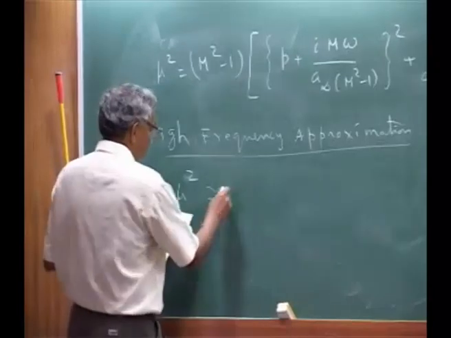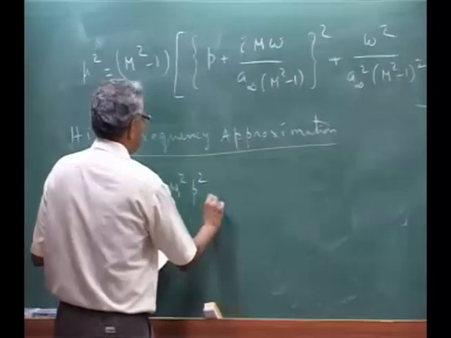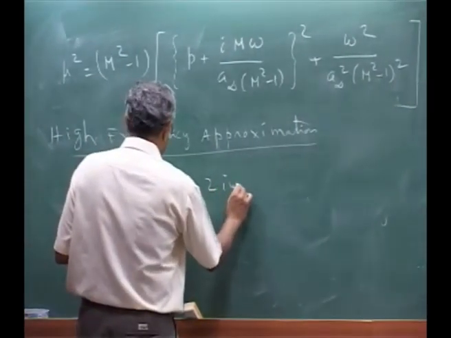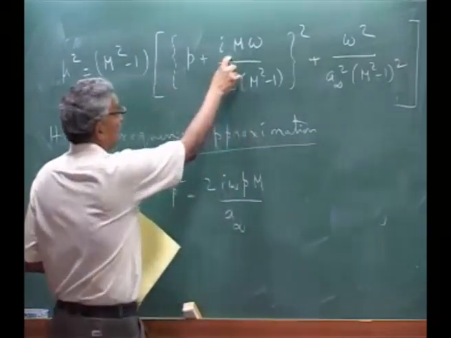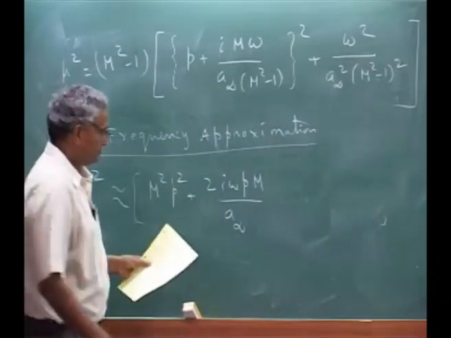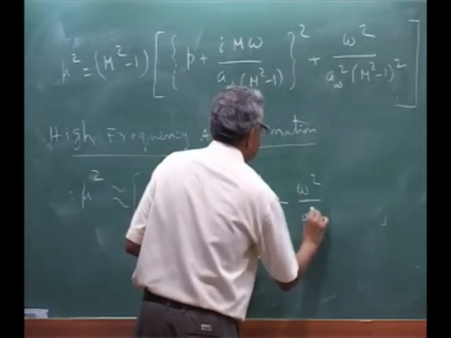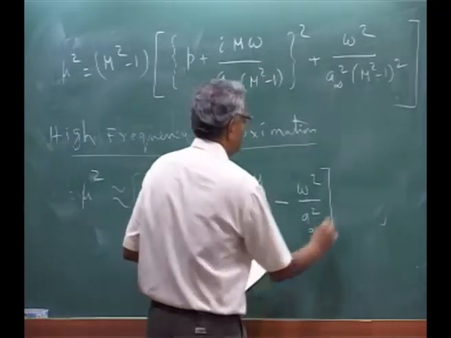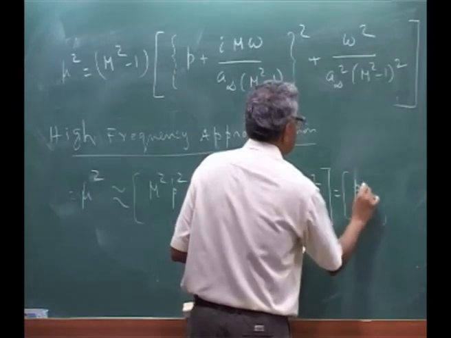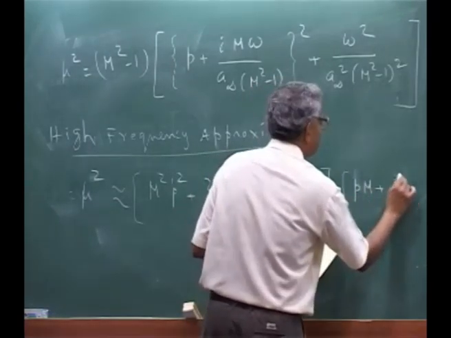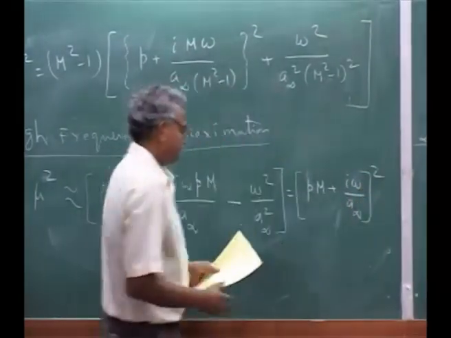So I am approximating it, please understand, m square p square plus m over this term, because 2 times minus omega square over a infinity square, which is written as p m plus i omega over a infinity square.